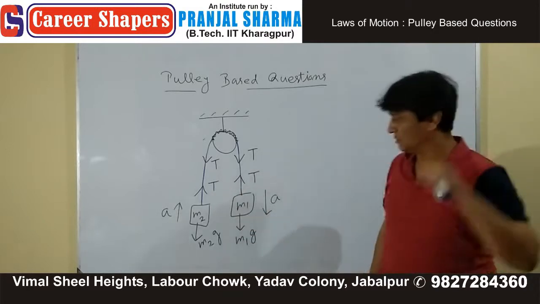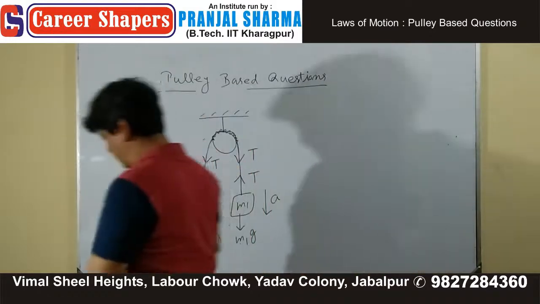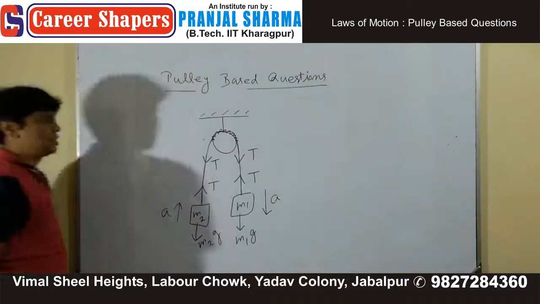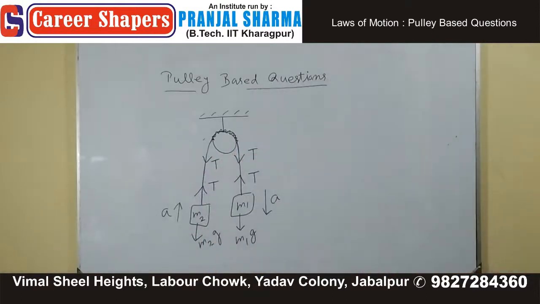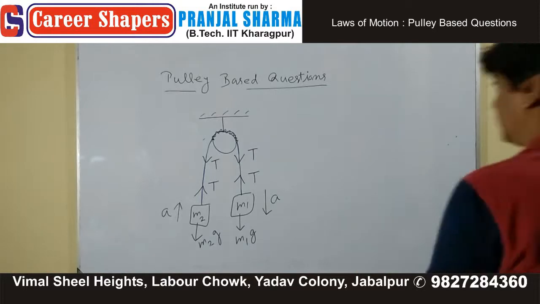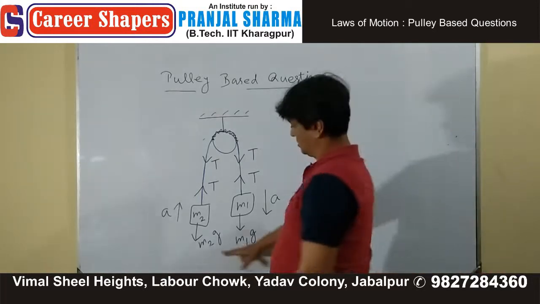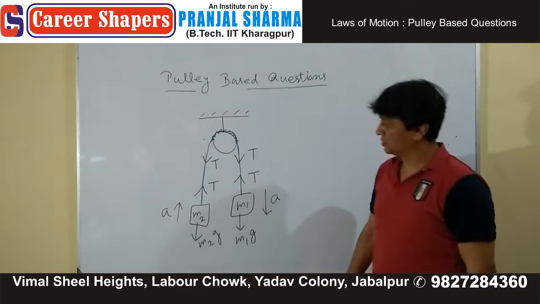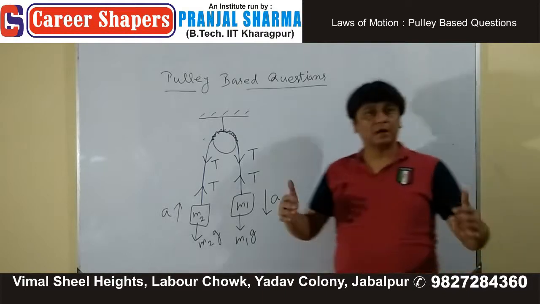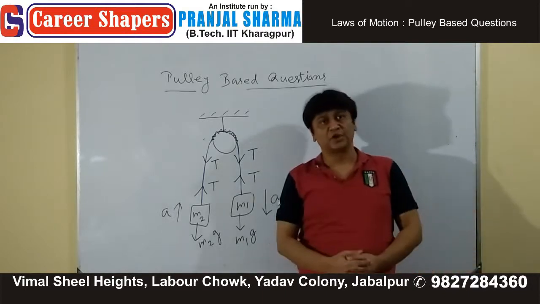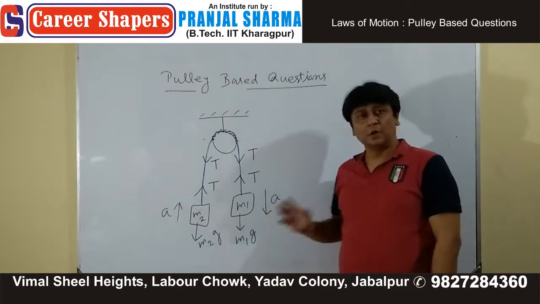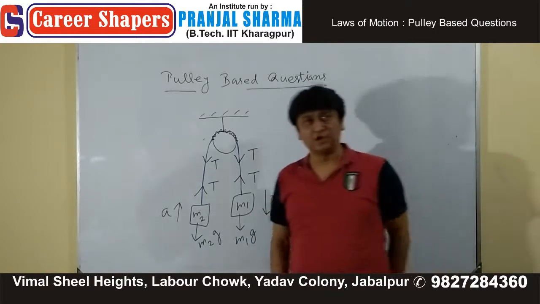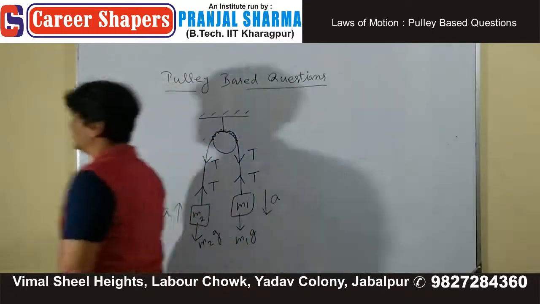Just a logical सा क्वेश्चन है, सोचना और आंसर देना. अगर ये m1g और m2g इस तरह से लग रहे हैं in the same direction, then they are supporting each other for the acceleration, or they are basically opposing each other as far as acceleration is concerned.